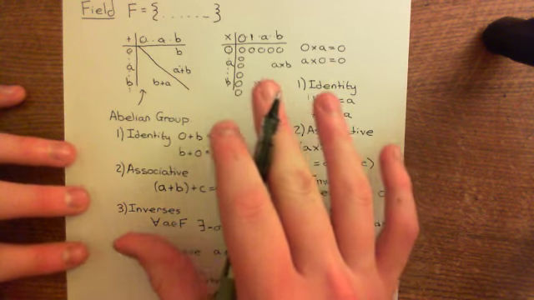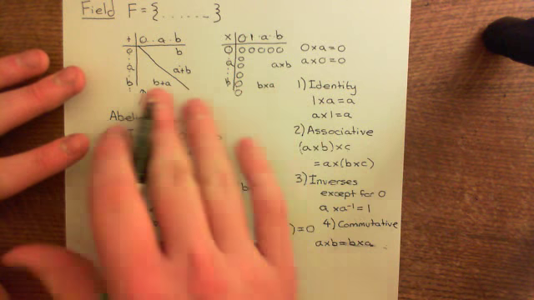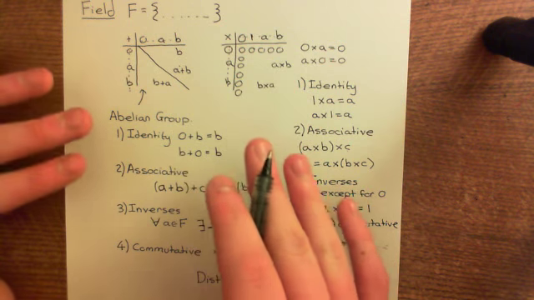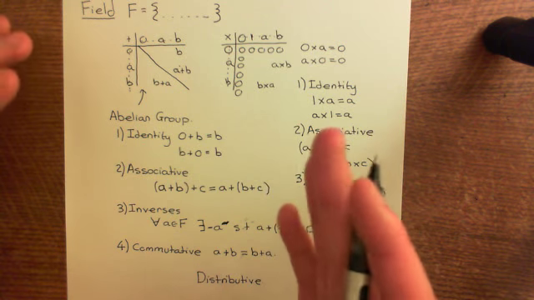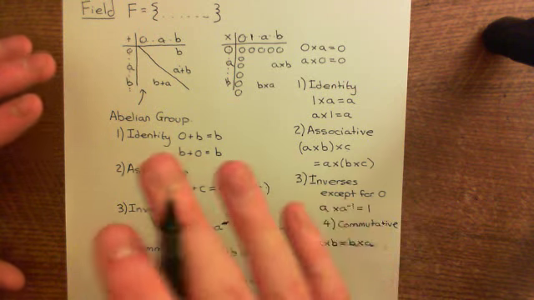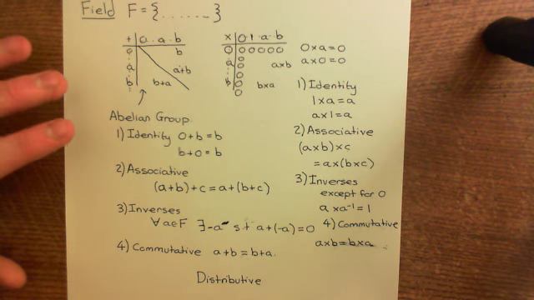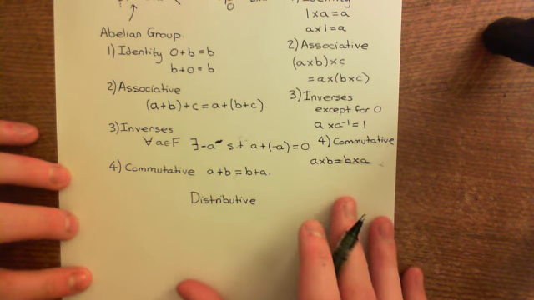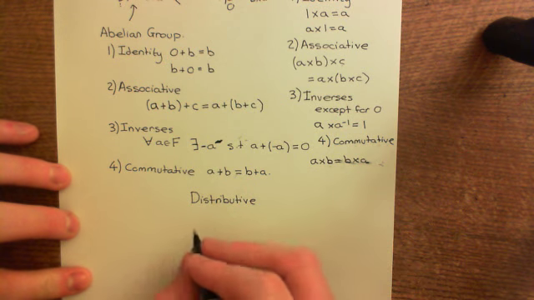Well, you could. You could just define two groups sitting on top of one another on the same set of symbols, but it won't be very interesting. You want the two to intertwine in some incredible way. You want them to interplay. And the distributive property is this interplay between addition and multiplication.